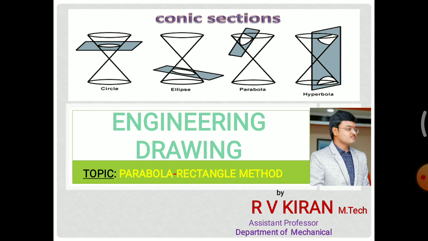We have already discussed the ellipse and its construction methods in the previous lectures, and the next type of curve is the parabola, which is an open curve compared to the ellipse. The ellipse is a closed curve, but the parabola is an open curve. There are different methods used to obtain a parabola, and the first method is the rectangle method.